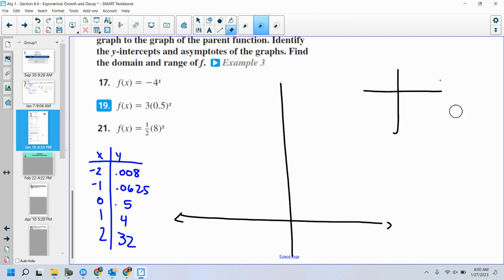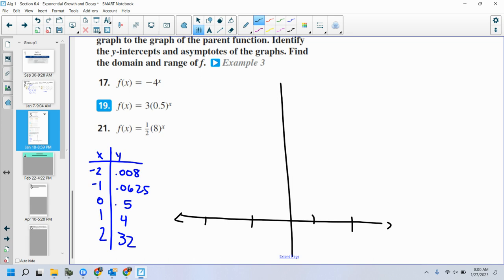The reason being, is it ever going to cross the x-axis? No, that's the idea of an asymptote. If it's above the x-axis, it's going to stay above the x-axis. If it's below, it's going to stay below. This one stays above. So we're going to say -1, -2, +1, +2. And then it looks like I go all the way up to 32. But really small to start out with, right?